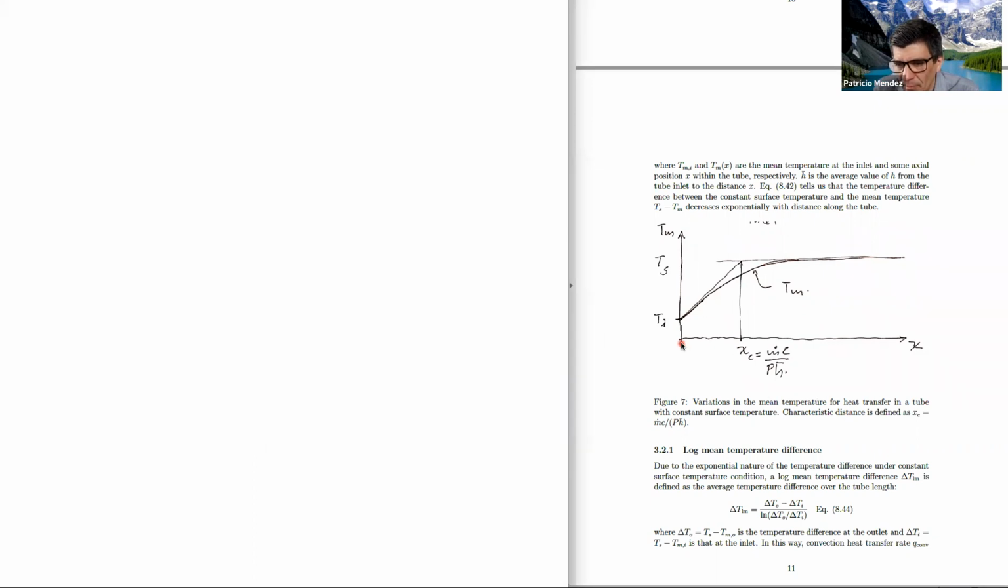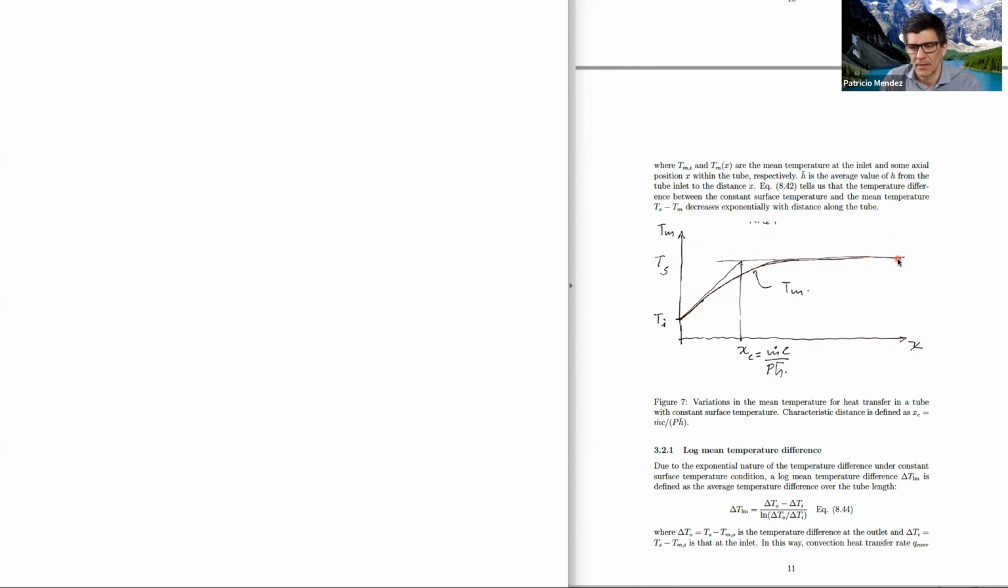So X equals 0 is the inlet of the pipe. We move downstream and we start at the inlet temperature. The pipe has a surface temperature Ts, which we said is constant. And we see that the temperature increases and eventually becomes asymptotic with the temperature of the pipe.